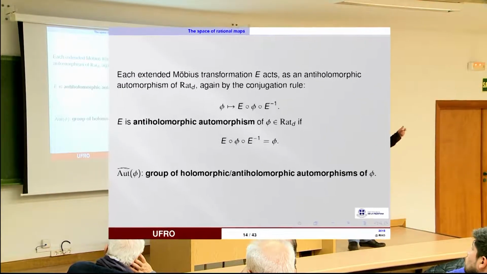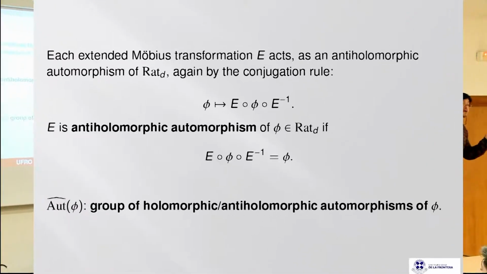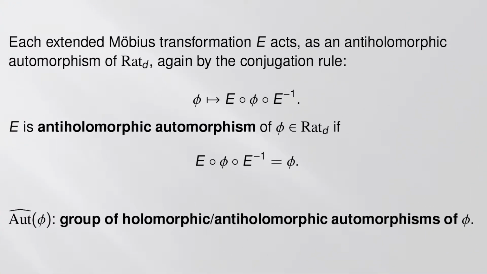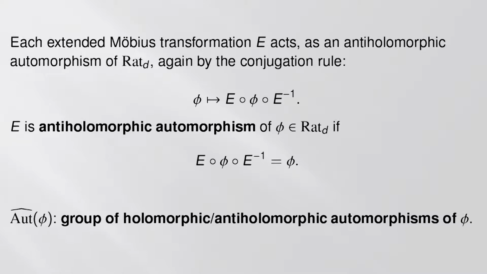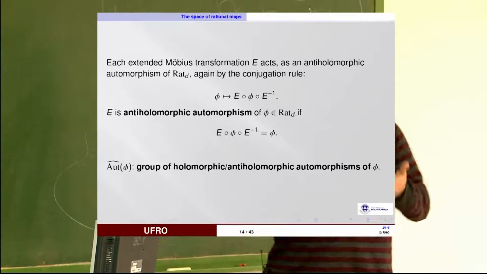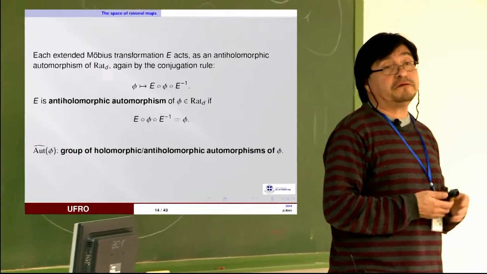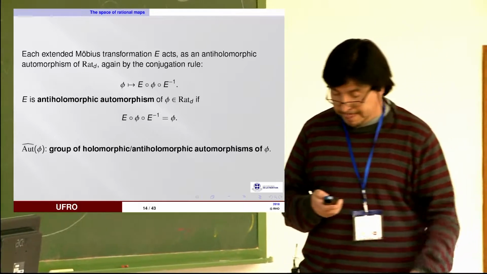Each extended Möbius transformation conjugates rational maps to rational maps, and we can take those which leave the rational map invariant; that will be an anti-holomorphic automorphism of the corresponding rational map. In general, a rational map may not have an anti-holomorphic automorphism, but sometimes it does.